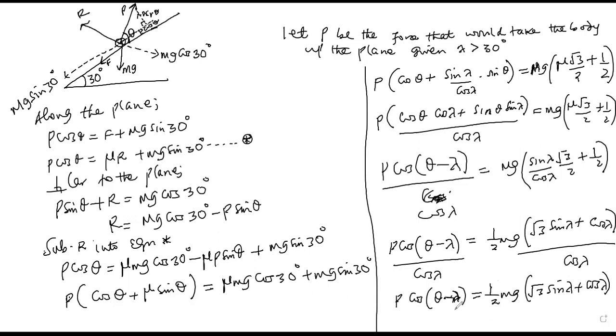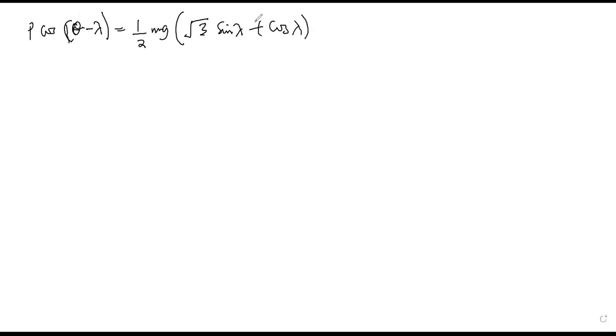So I'm going on with this P. Let me record this, the other step. It was P cos theta minus lambda is equal to a half mg root 3 sine lambda plus cos lambda.